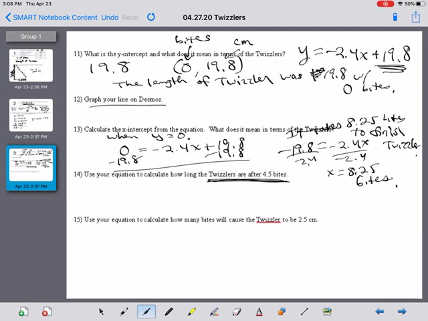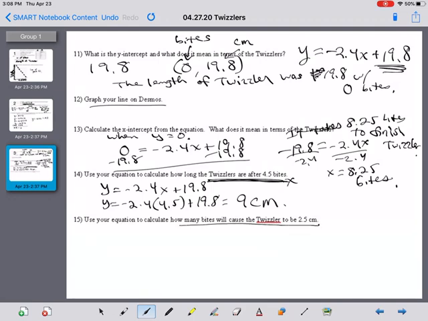Now let's calculate how long the Twizzlers are after 4.5 bytes. So bytes is x, right? That's how we defined it. So take your equation and plug in 4.5 for x. And put that in your calculator, and it should come out to 9 centimeters. And then we'll go to the last one. Use your equation to calculate how many bytes will cause the Twizzler to be 2.5 centimeters.